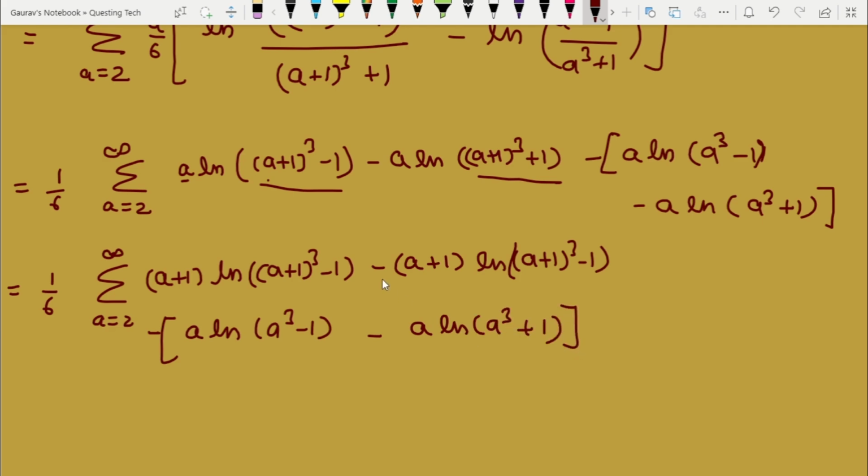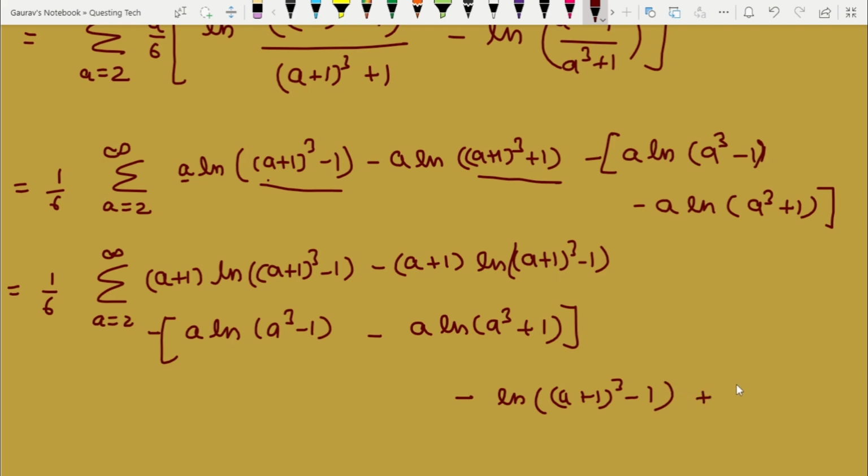But we have added these terms, so we also have to subtract these terms. So what we can say, minus of ln a plus 1 cube minus 1, and we have subtracted this, minus of ln a plus 1 cube minus 1, so we have to add this.